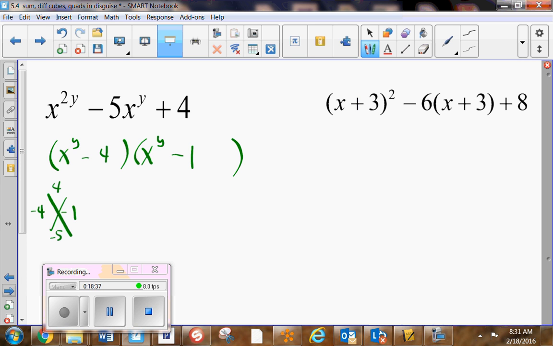Let's try this one. (x plus 3) squared minus 6(x plus 3) plus 8. Okay, I'm going to do a little substitution here to make this easier.